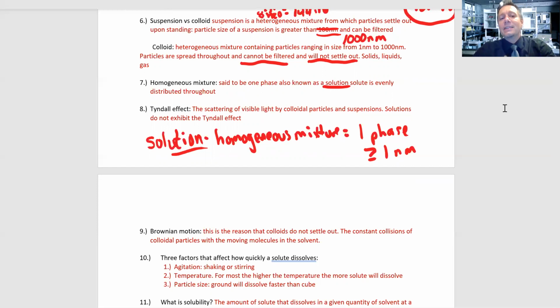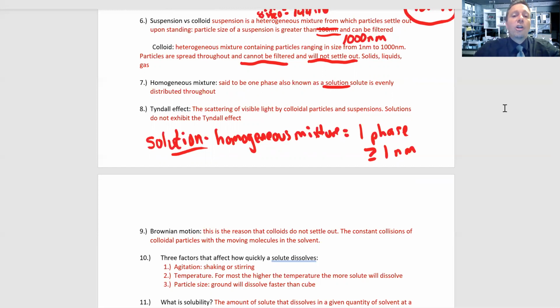Solutions do not exhibit Tyndall effect. Now, the other day I had a bell work assignment where you mix some salt and water, and a lot of students said they saw the Tyndall effect in that. What you saw floating around in there is a lot of times particles that are in the water, especially if you got tap water, dust particles that were possibly in the cup.